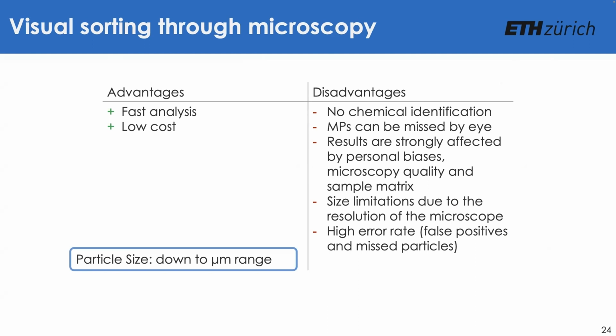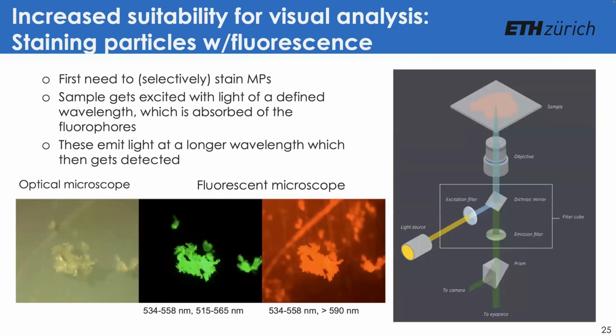So to be able to give a little bit more certainty about if something is actually a plastic, still using a more basic microscopy approach, others have started to look about using a stain with fluorescence to dye the microplastics so that you would have a little bit more idea that this is actually a microplastic, because the idea is that this fluorescent dye would be able to bind to the microplastic, and then you would be able to measure it easier.